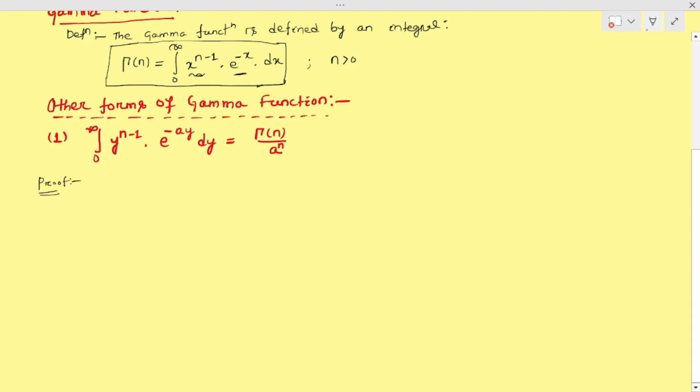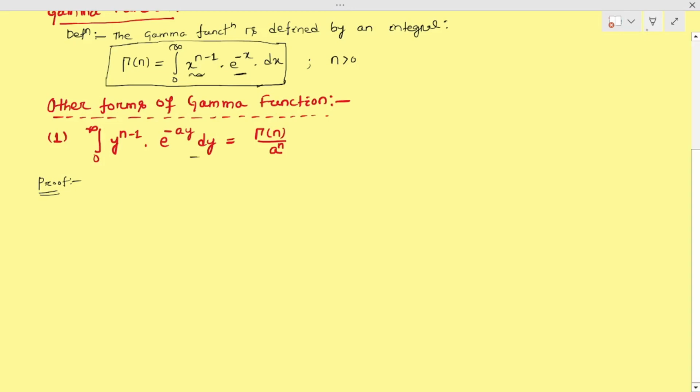If I compare this integral, here instead of x, y is there: x to the power n minus 1, here y to the power n minus 1. And the exponent term is e to the power minus ay, but here e to the power minus x is there. This integral is with respect to x, and this is with respect to y.